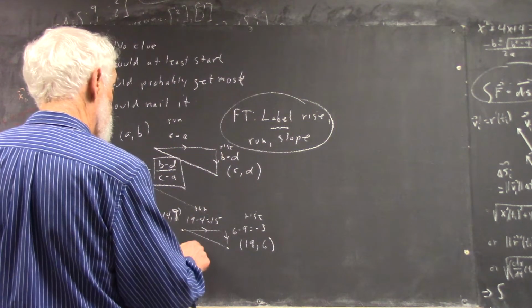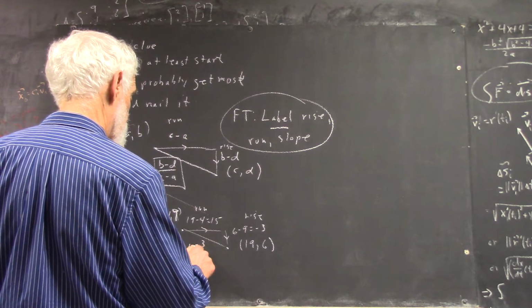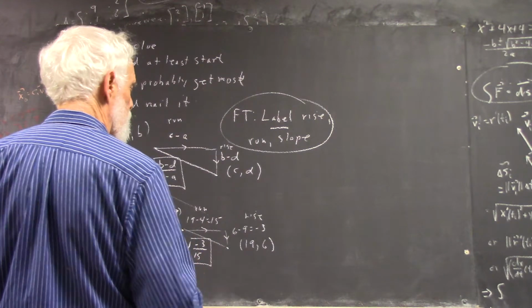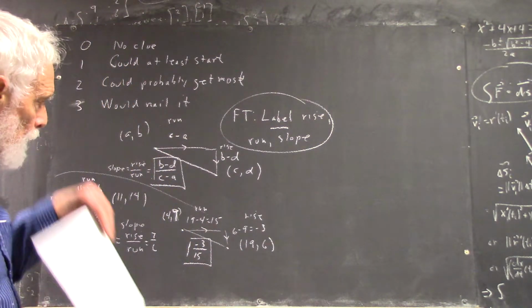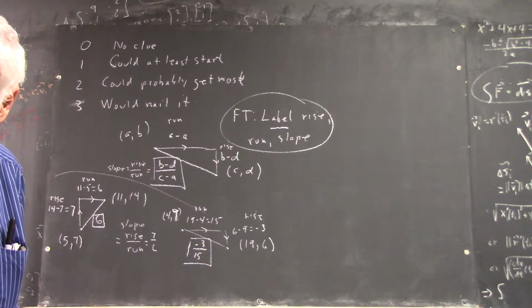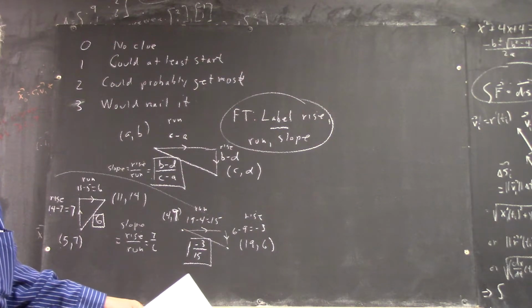Okay, anyhow, here, without going through the details, negative 3/15. Of course, what do we want to do with that? We want to reduce it. It's negative 1/5, isn't it?